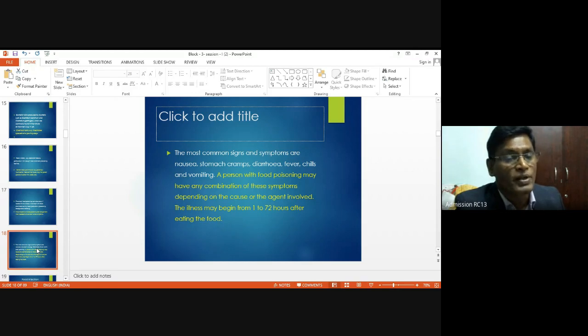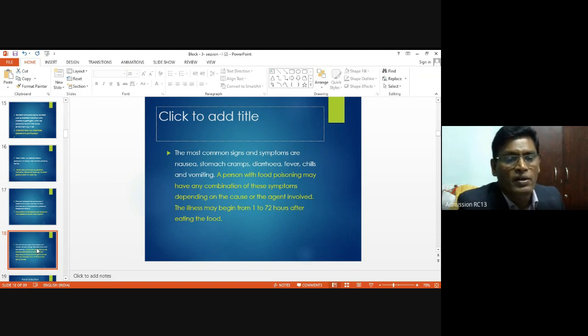A person with food poisoning may have any combination of these symptoms. There may be diarrhea, cramps, fever and chills. Any combination of symptoms may be exhibited because of exposure to food poisoning.